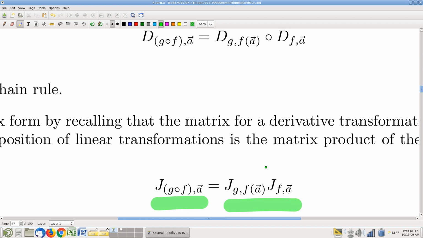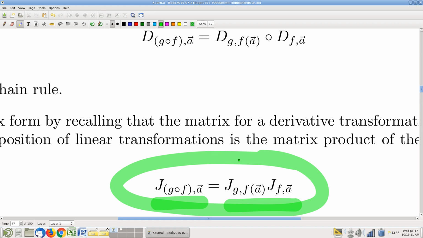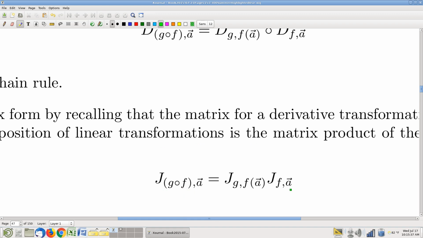And you can hopefully now see why I like the Newton notation for talking about the single variable chain rule, because now this looks just like, it's J instead of prime, right? But other than that one little cosmetic difference, this looks just like the Newton notation for the single variable chain rule. Cool. All right. So this is our big new tool.